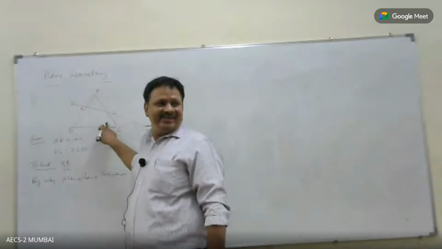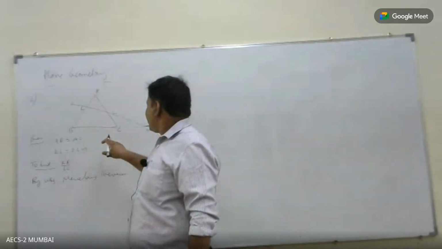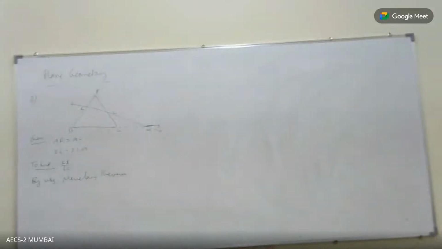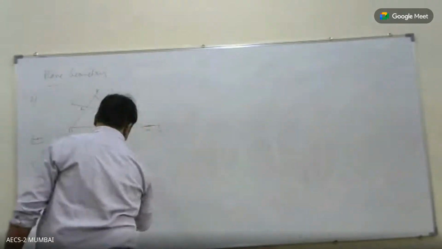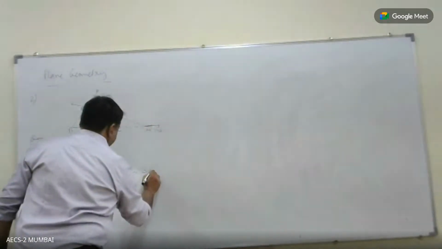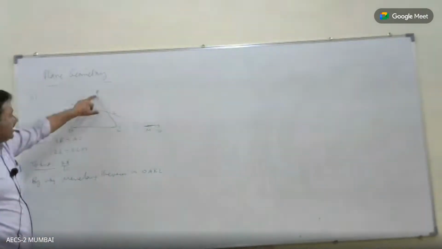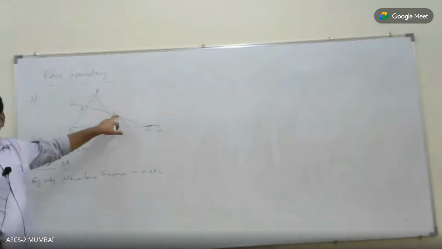What is the triangle? AK, KBM. You can check it later on. It may not work. You can take AKL. Take the triangle AKL, and what is the transversal here?